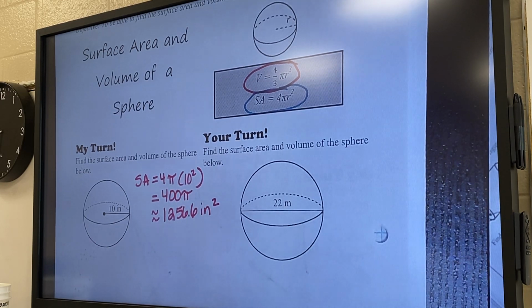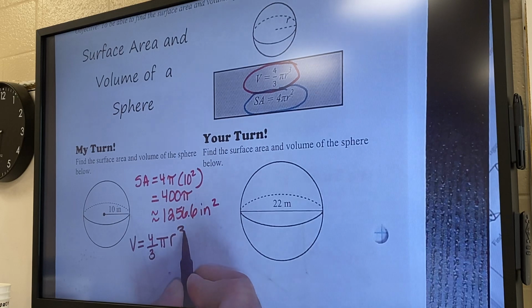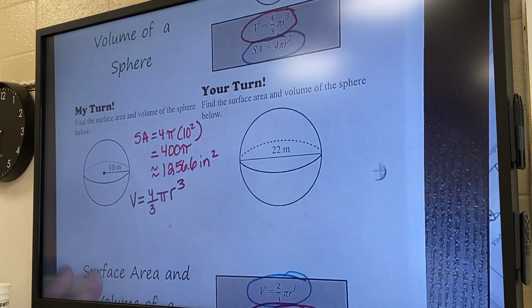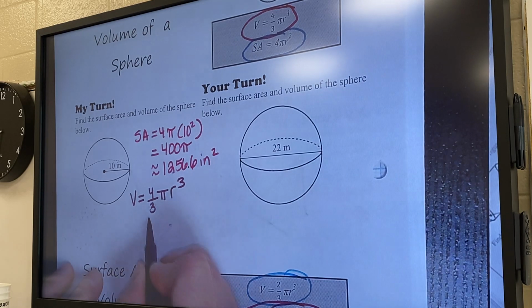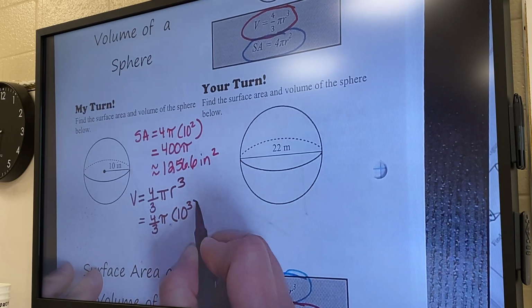All right, let's do the volume. For volume, the formula is 4/3 pi r cubed. It's cubed because it's 3-dimensional. So we can plug in the same radius. So that'll be 4/3 pi times 10 cubed.